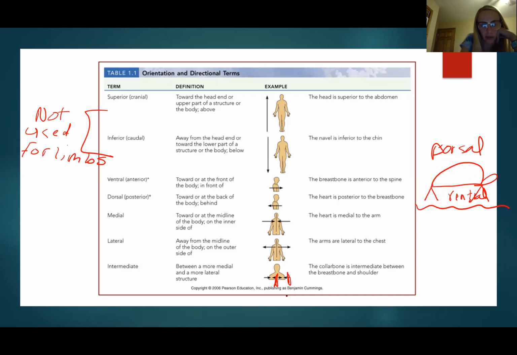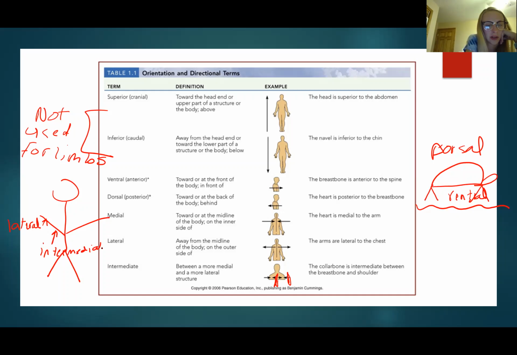So if you had a body here, just again for one last emphasis, we would have lateral out here towards the end of the arm. And here we would have intermediate. And then in the center of your body, you'd have medial.